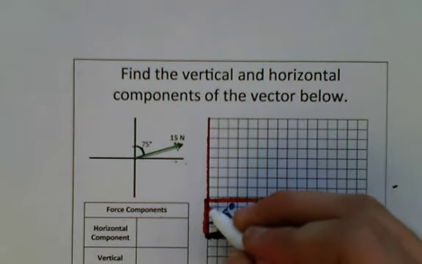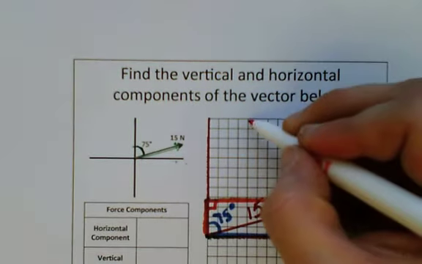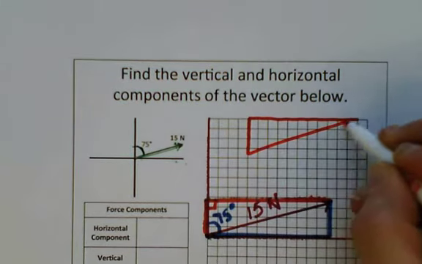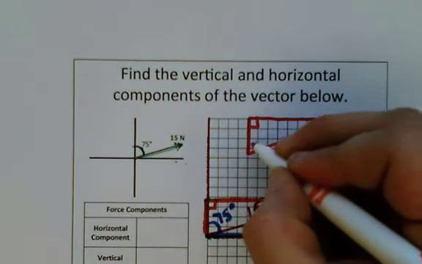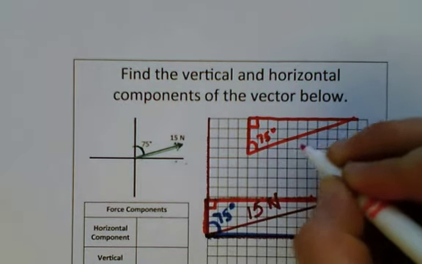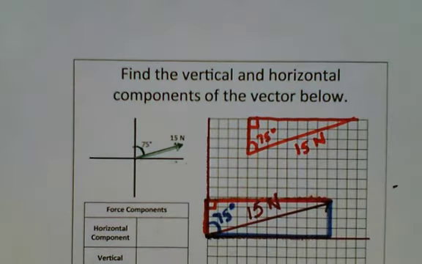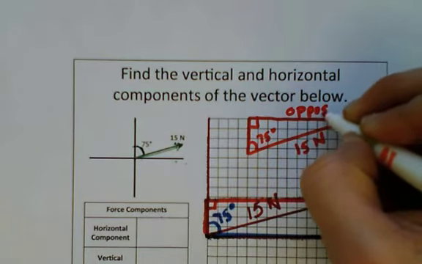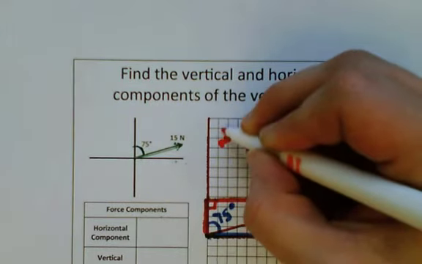Since our angle is here, we made a right triangle that looks like this. I'm just going to redraw it over here so we can see it clearly. The inside angle is 75 degrees, and the hypotenuse is 15 newtons. We're going to be looking for the opposite, which is now up here, and the adjacent.